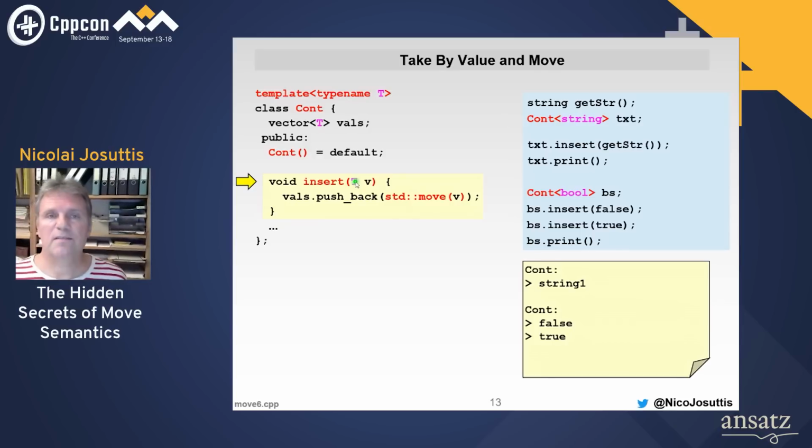And as the only exception, if somebody is giving me a temporary object or an object marked with move, if we pass by value, this is move initialized, or this v is move initialized with that value. So whatever we get, we either create an object here, or if we got a movable object, we create our v here, and then we move it into the vector. So the number of memory allocations for strings is the same. The number of moves grows.